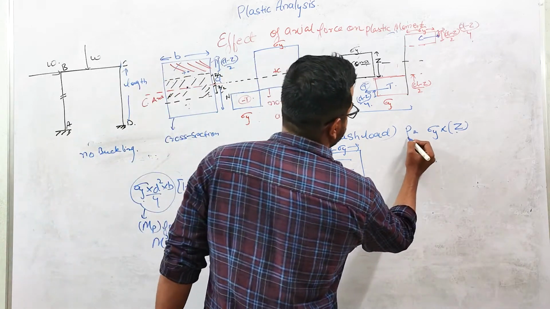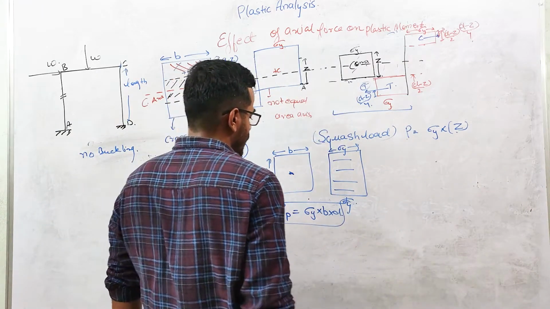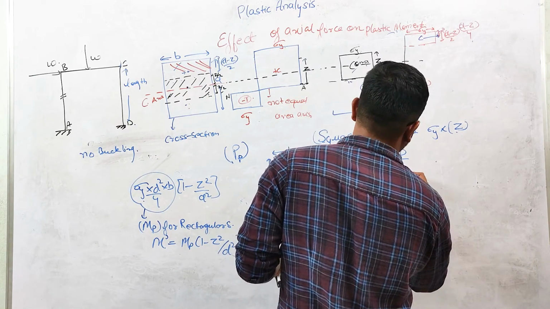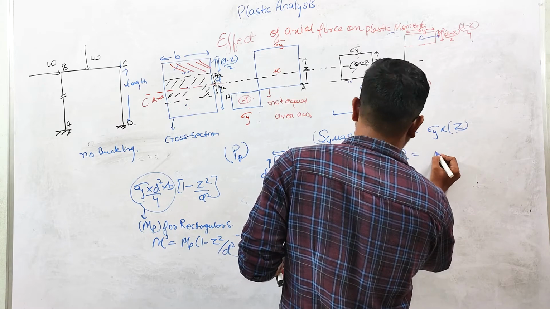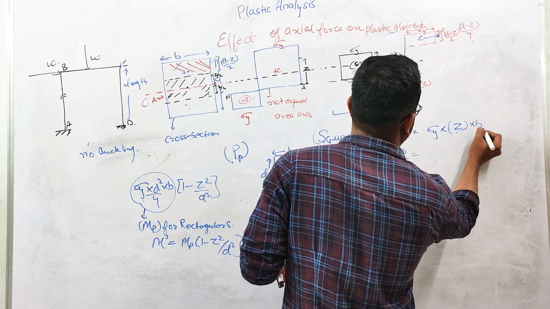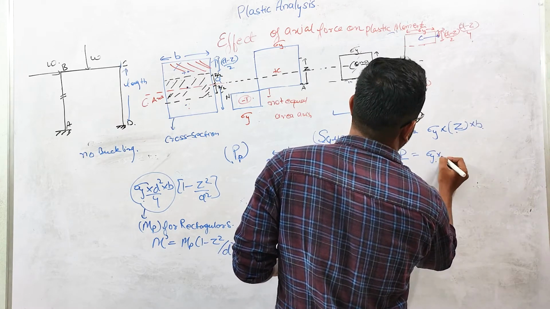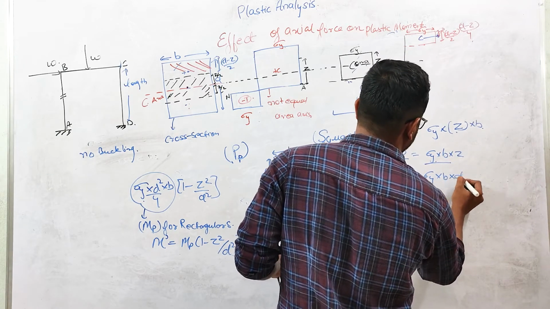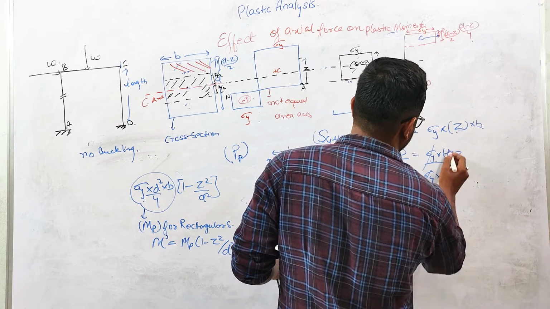So if that load is P equal to sigma y into B into Z, and you divide both, P over PP will be equal to sigma y into B into Z over sigma y into B into D. Sigma y will cancel out, B will cancel out.